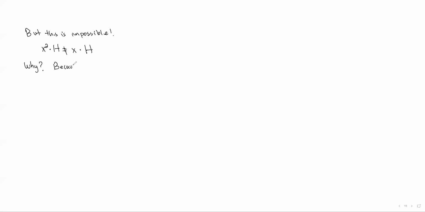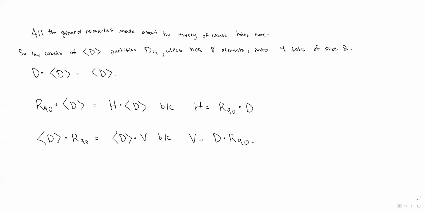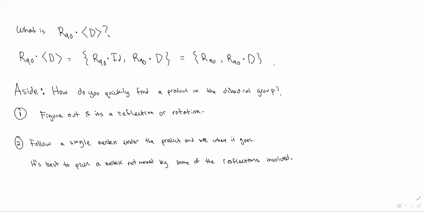Because if X squared times H equals X times H, then that means X squared and X differ by an element of H. So X squared must be equal to X times h for some element h in H. This goes back to a fact I said earlier.